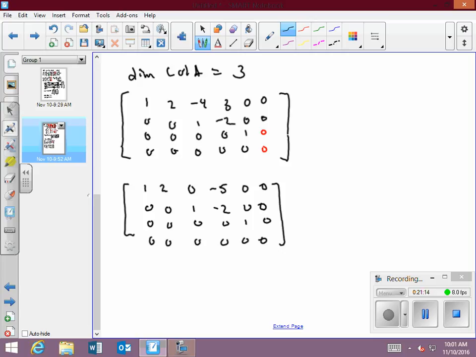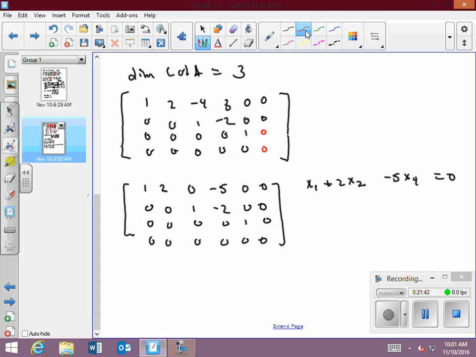I write my parametric form. This says x1 plus 2x2, minus 5x4 equals 0.